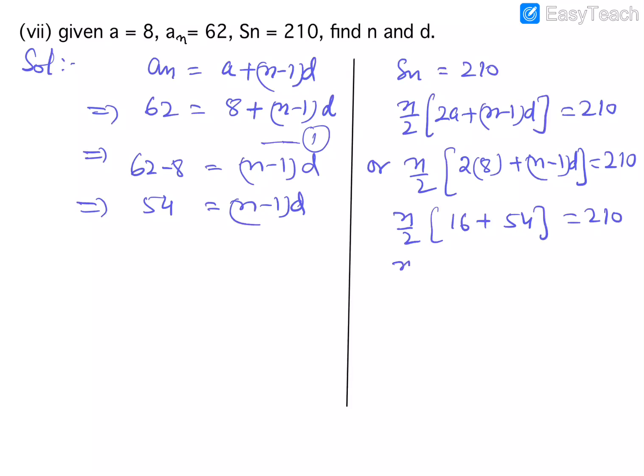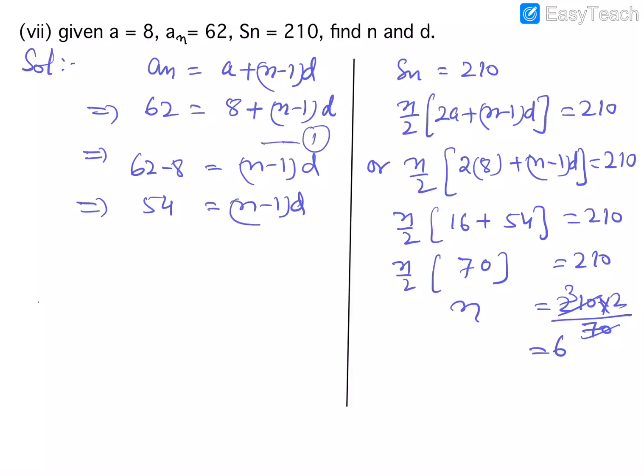And in this way we can find out the value of n as 210 into 2 by 70. n is equal to 6.